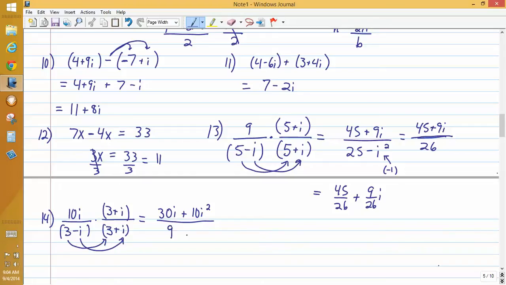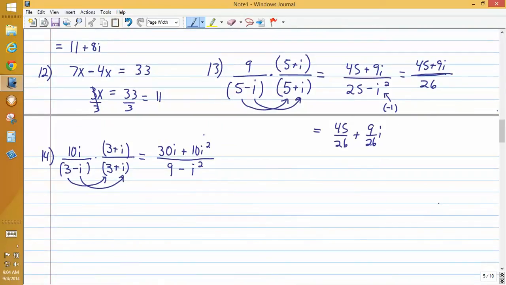That's going to be 9 minus i squared. So where you have an i squared, plug in a negative 1. That's going to make this number here negative 10. And we write the real part first, so I'm going to put negative 10 first. And then plus 30i over, that's going to be 9 plus 1, so 10.